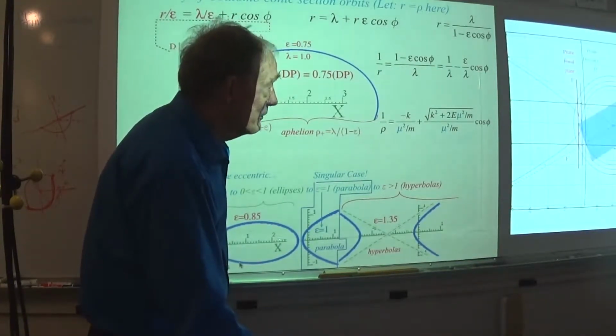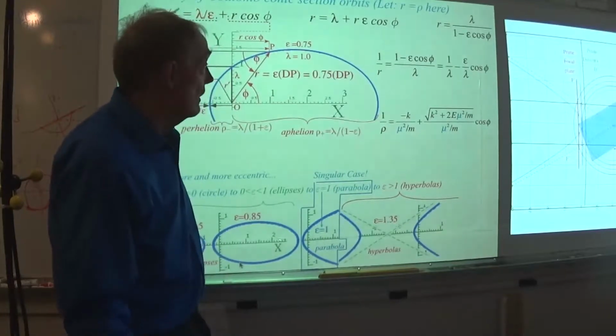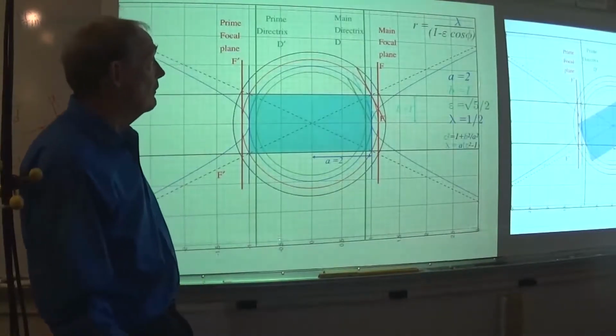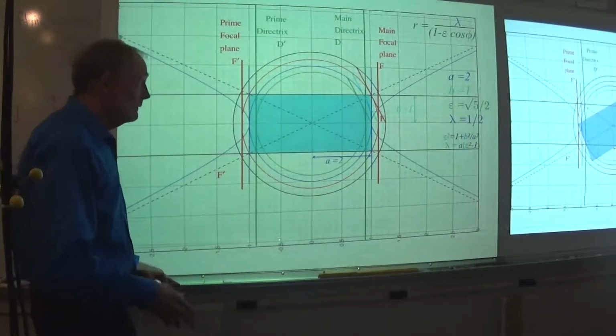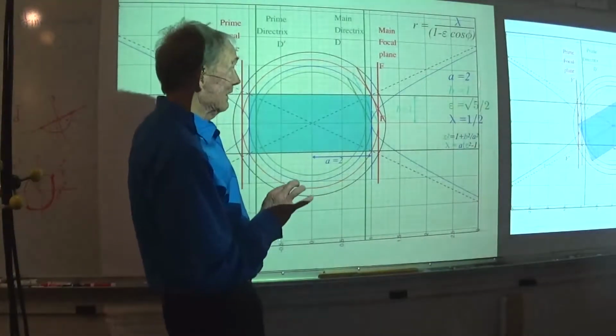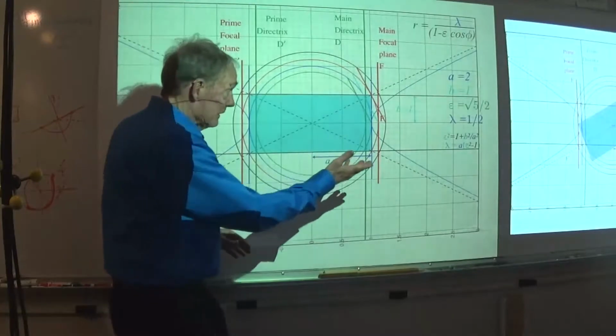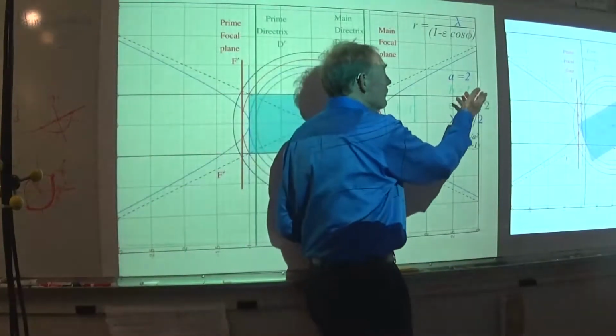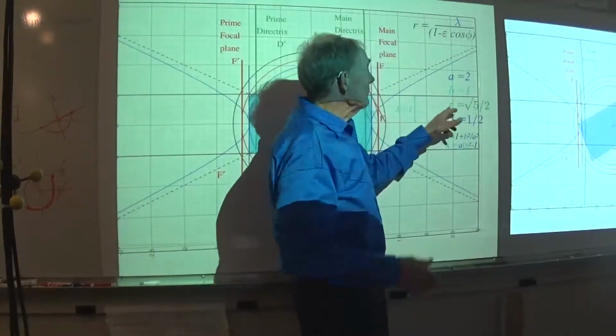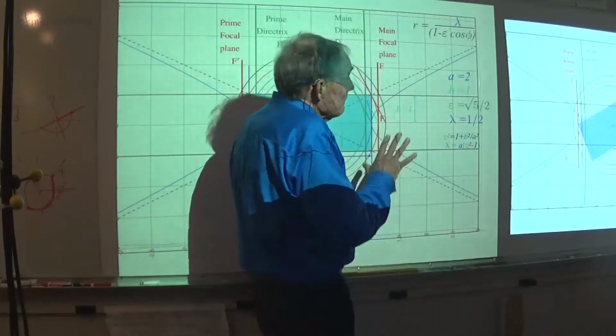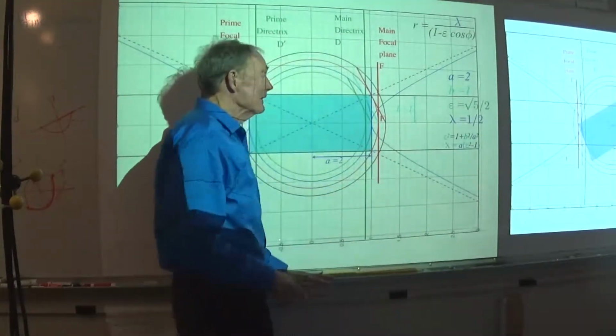Okay, hyperbolic geometry, and this is where, as I say, we need to focus, literally. In this case, I'm picking A equal 2, B equal 1, a 2-to-1 ratio, and this time epsilon is square root of 5 over 2. It has to be bigger than 1, so there it is.